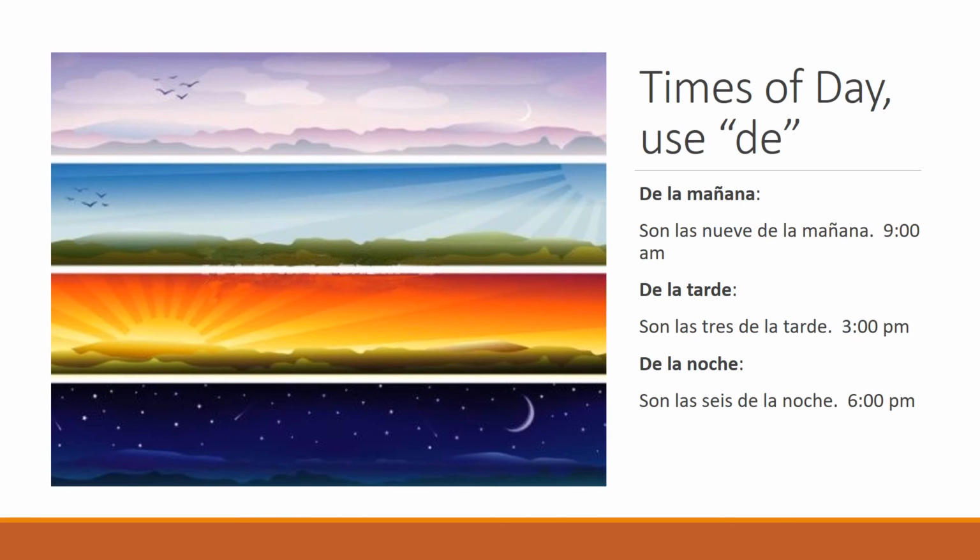If it's in the afternoon, you would use de la tarde. Son las 3 de la tarde. If it's in the evening or at night, you would use the phrase de la noche. Son las 6 de la noche.